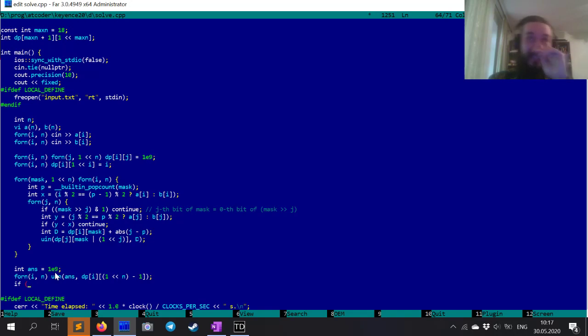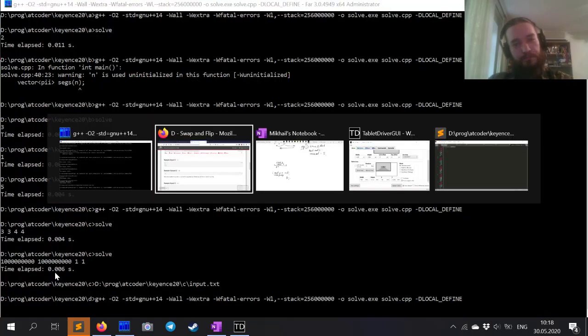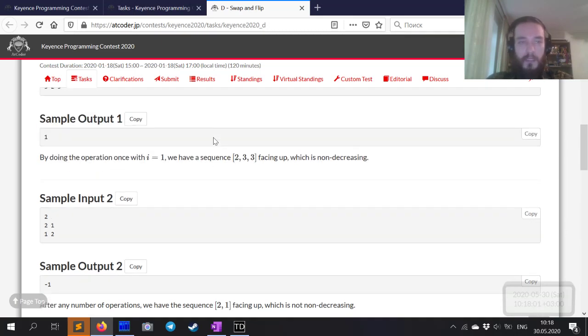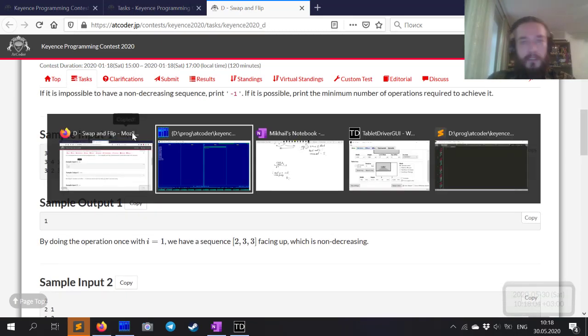In fact, the answer is twice the number, if you remember correctly. So if the answer is large enough, then it's clearly infinity. So the actual value that we need to output is minus 1. Otherwise, it's twice the number of operations. So we divide it by 2, and this should be the value that we output. So that looks right.